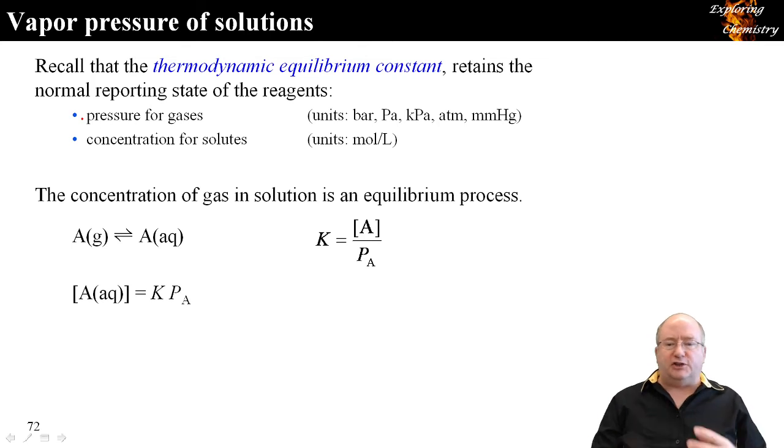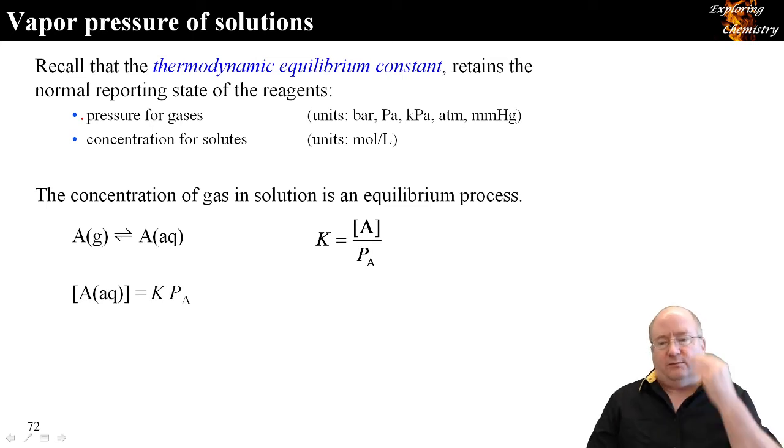The dissolution of a gas in solution is an equilibrium problem. And so you simply have A in the gas phase in equilibrium with A in solution phase. The equilibrium constant would be the concentration of dissolved A over the partial pressure of A in the gas phase, and you can rearrange that to get the expression presented there.